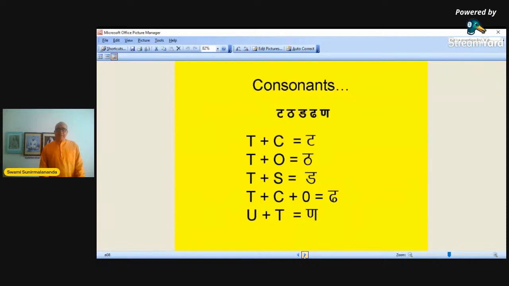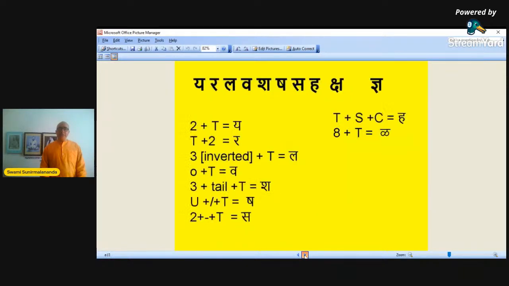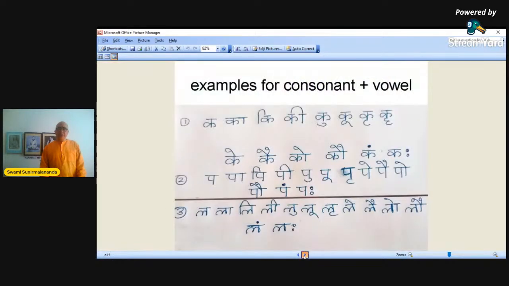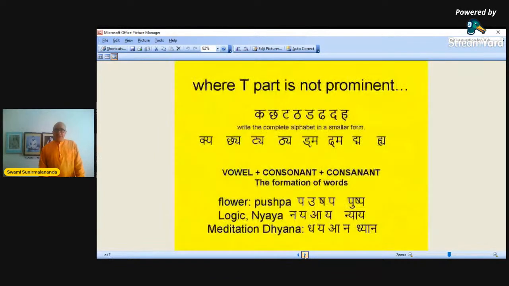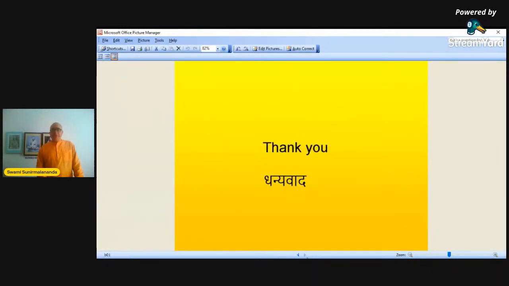And not only that, you will be able to write consonant plus consonant, half consonants, and form words. Once you know how to write words, within a few days you will be able to read Sanskrit and Hindi and even Marathi. And nowadays there are word for word translations below. If you want to know the meaning of a word, you have it there. And thus, within 2 or 3 months, you master 2 or 3 languages.